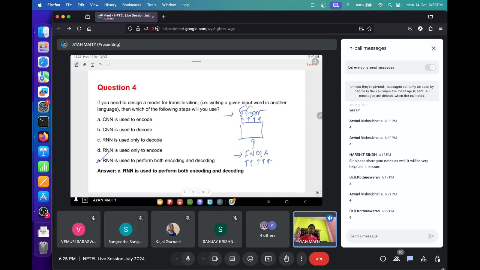The input is a sequence and the output is also a sequence of characters. So to encode we need RNN, and also to decode we need RNN, because both input and output are sequences of characters. That's why we only need RNN, we don't need any CNN layers. For both encoder and decoder we need RNN.